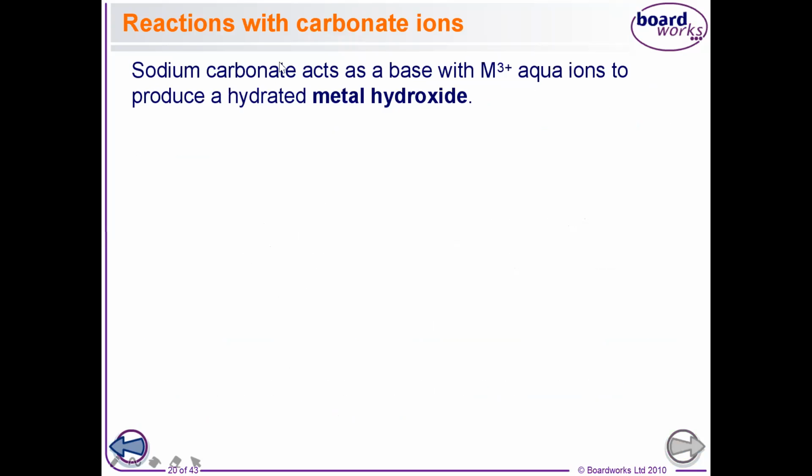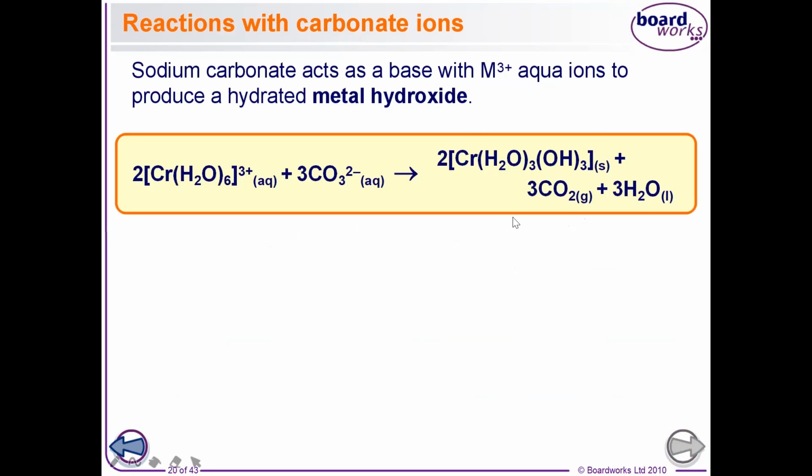Now, reactions with carbonate ions. For example, sodium carbonate acts as a base with M3 plus aqua ions to produce hydrated metal hydroxide. Hydrated meaning there is a presence of water molecules, but in the solid form.